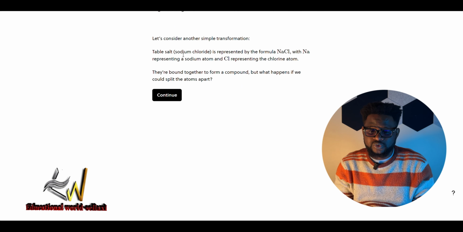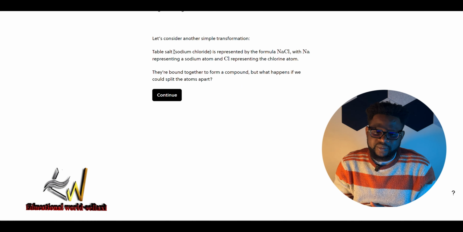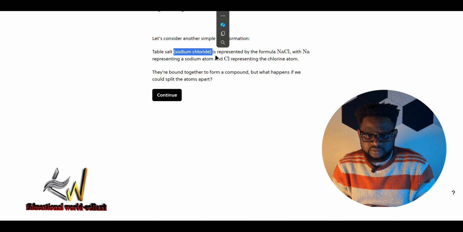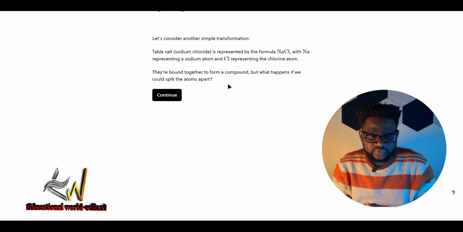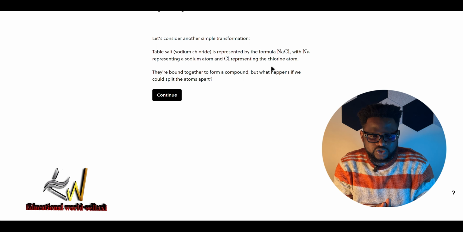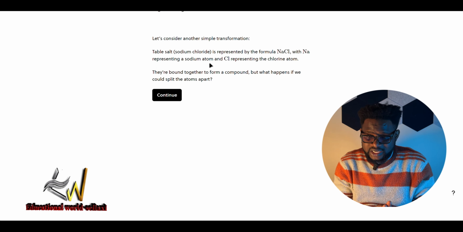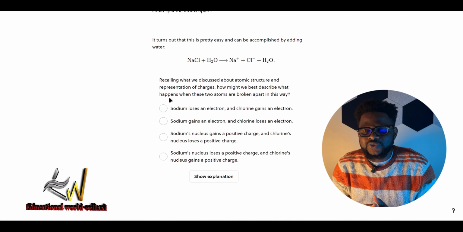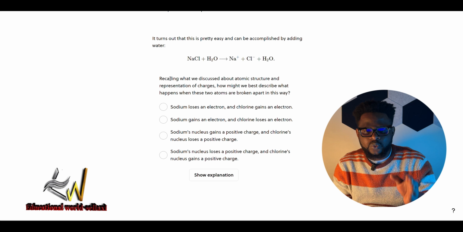Sodium chloride is table salt, represented by the formula NaCl. Now, when we split this compound into two, because they are bound electronically, what happens when we split them apart? We can do that by adding water.